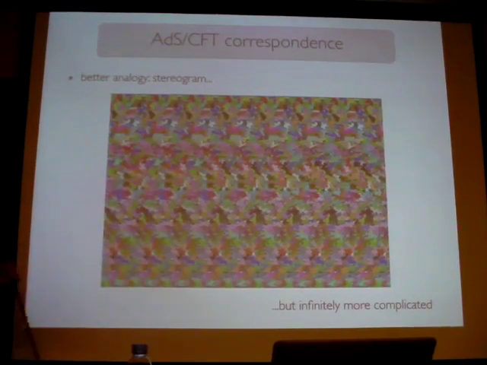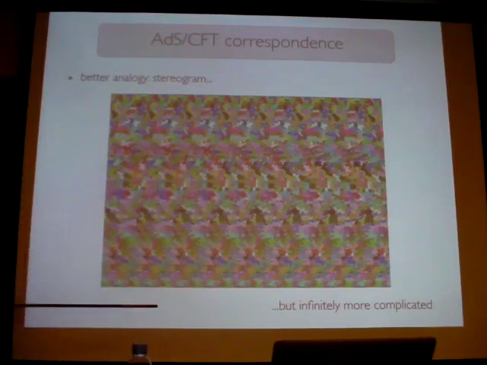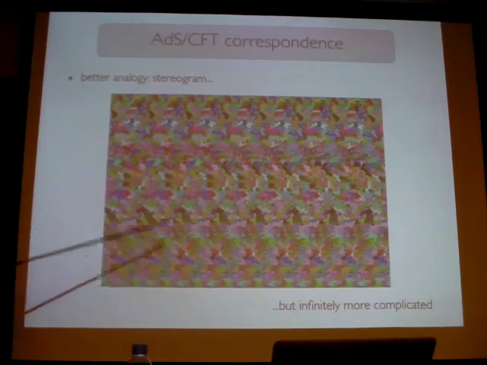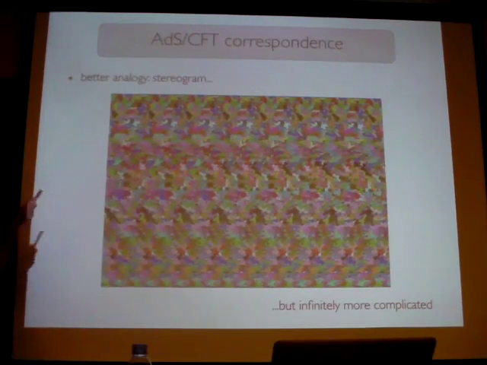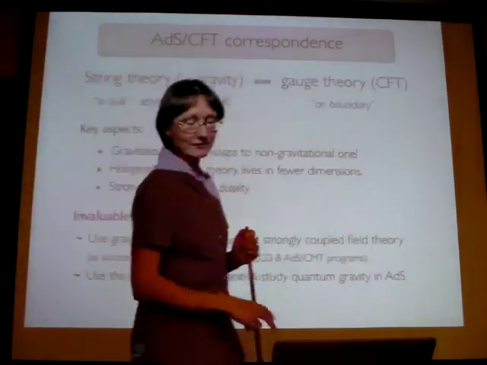In the real AdS/CFT, it's of course infinitely more complicated, with correlations between all points, and instead of having these blotches, you have a very sensible CFT picture, quite different from the higher dimensional emergent gravitational image.